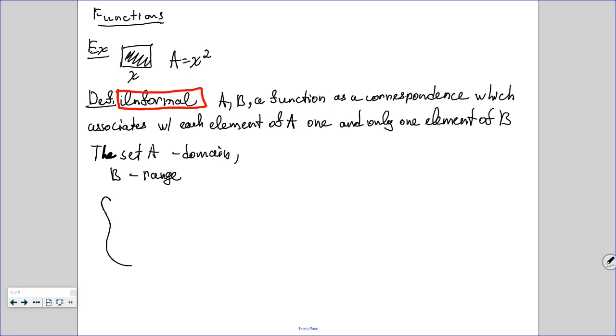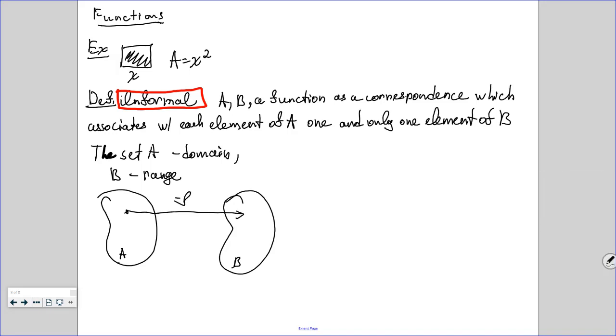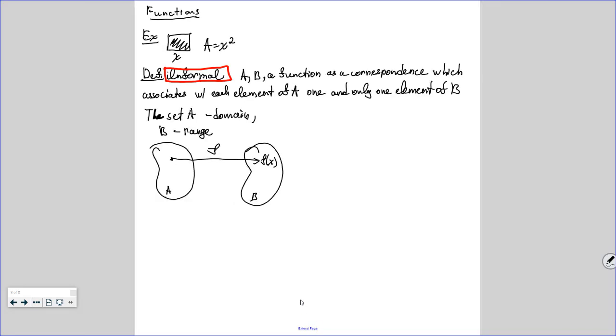So if we try to visualize it, if this is our set A and this is our set B, then the function takes elements from A and gives us an element in B. The simplest example is the identity function, f(x) is equal to x.